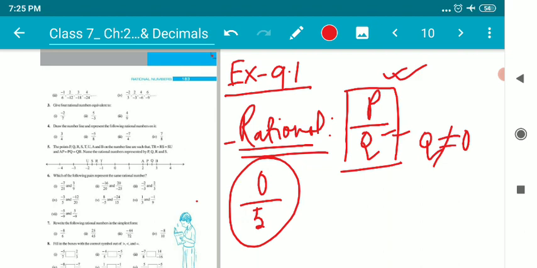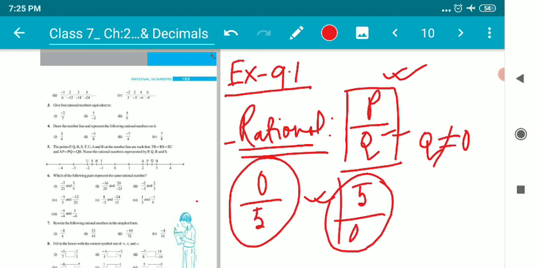So 0 by 5 can be written, but 5 by 0 is an absolutely invalid format. So 0 by 5 is a valid format, 5 by 0 is invalid. So 0 by 5, 0 by 6, 0 by 7, any 0 by something can be expressed as a rational number.